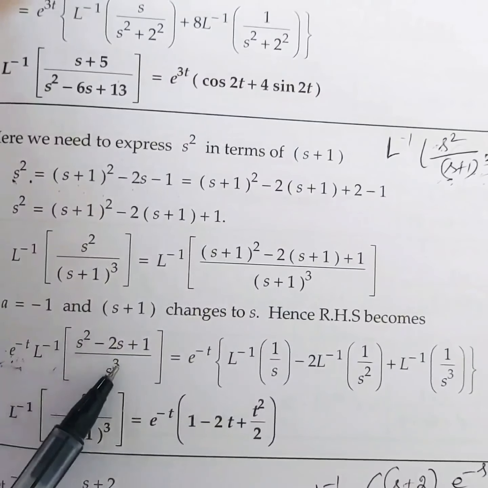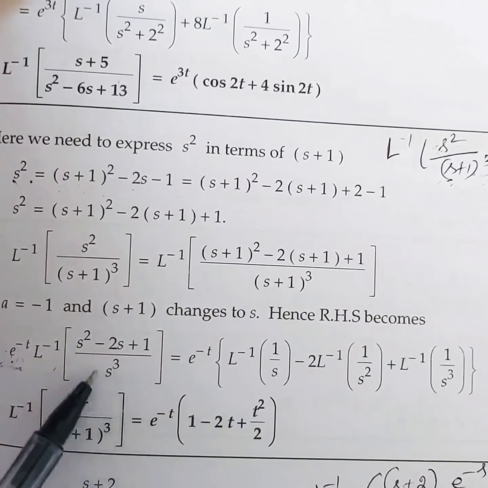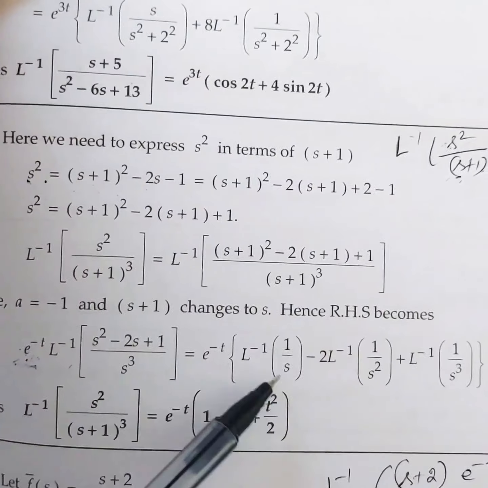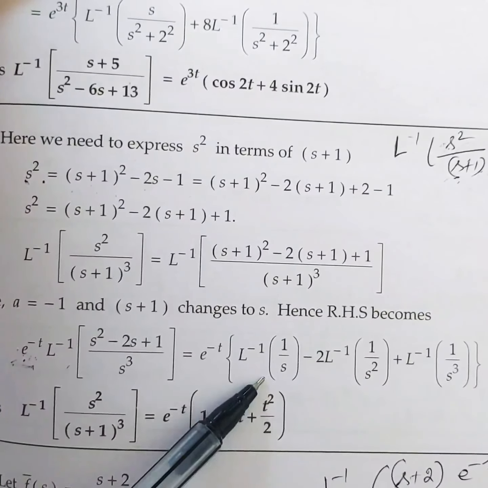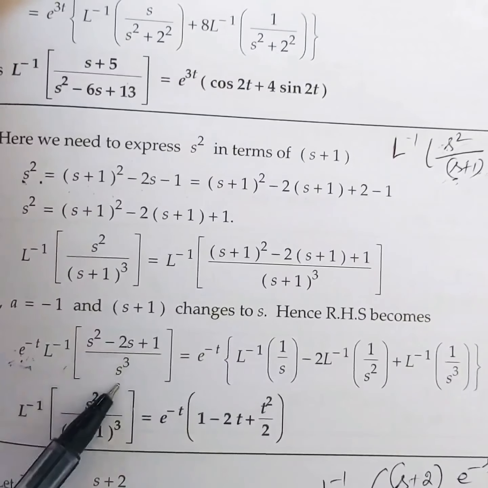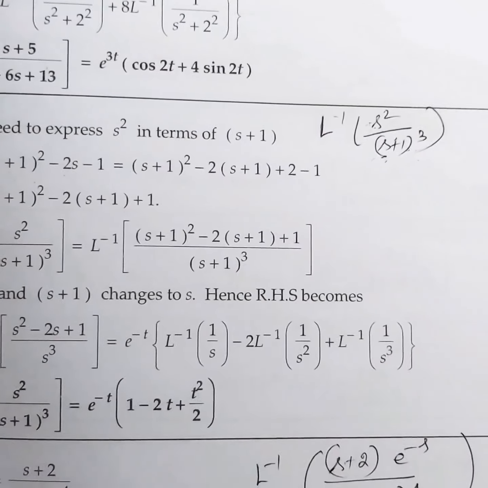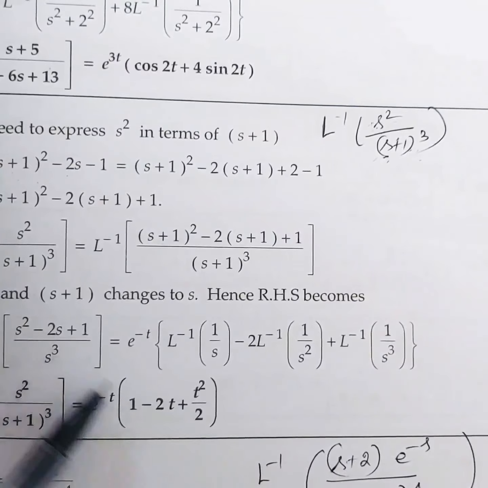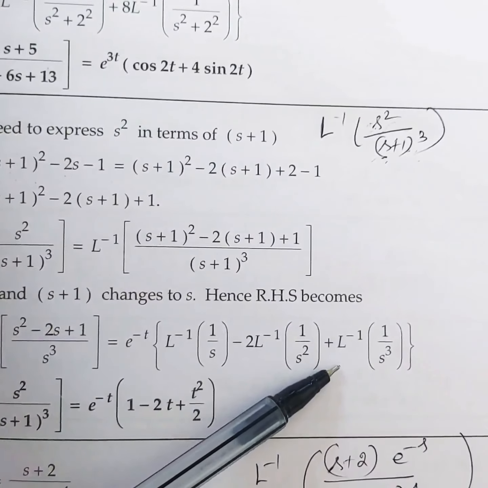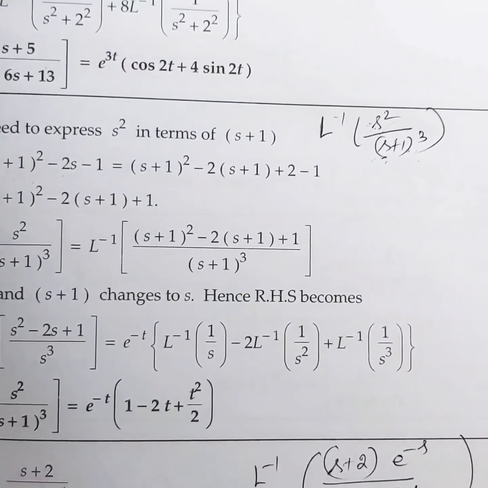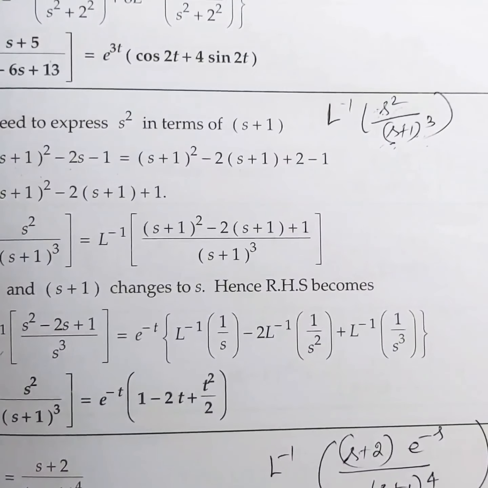So L inverse of s square by s cube, 1 s will be there in the denominator. So L inverse of 1 by s, first term. Again here 1 s will get cancelled. Minus 2 into L inverse of 1 by s square is the second term. And then plus L inverse of 1 by s cube is the third term. What is the corresponding formula? Laplace of t power n.